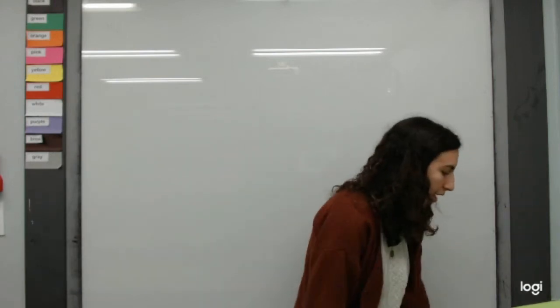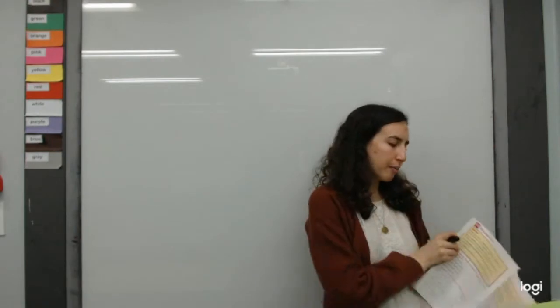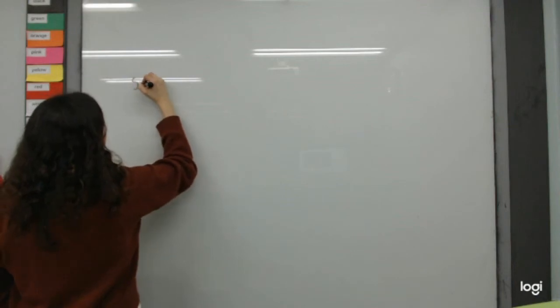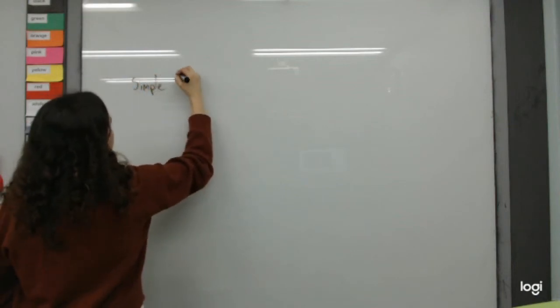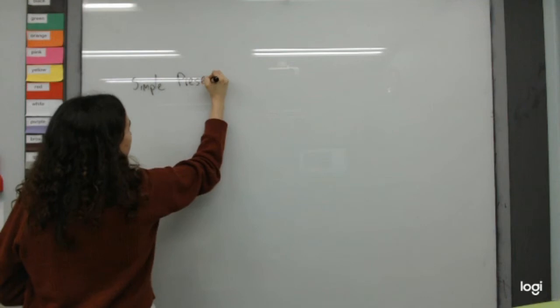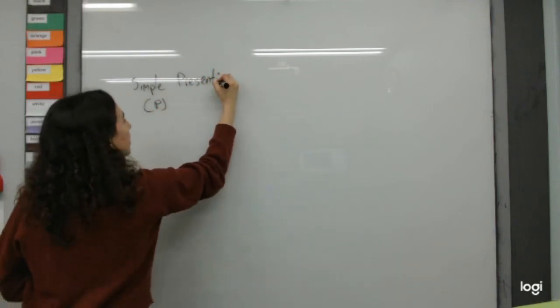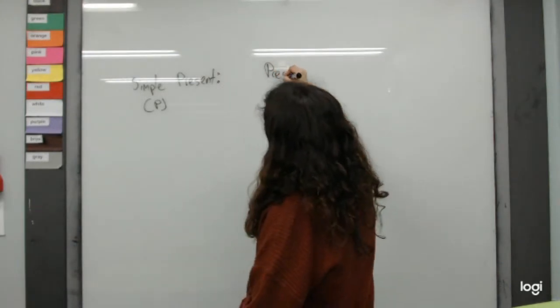So on page 92, we are going to be talking about verb tenses. So we have 3 that we need to talk about today. Simple present. Present continuous.